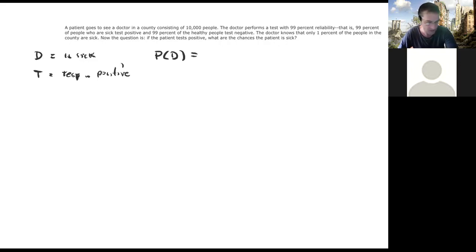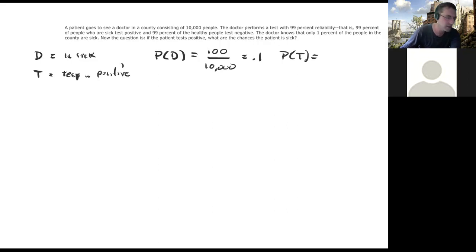So in other words, we know that 100 people in 10,000 are sick. And we also know the probability of testing positive, and I'll show you what that is in a moment. It's actually convenient to put the data on a table. So let me pull up a table.